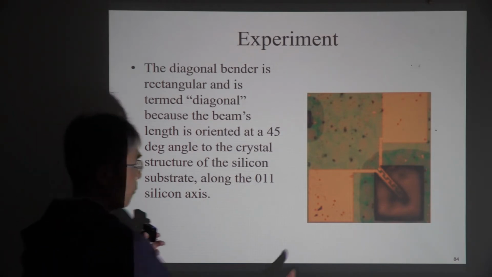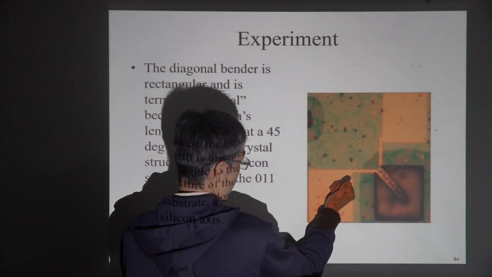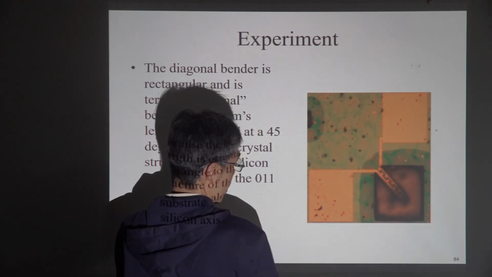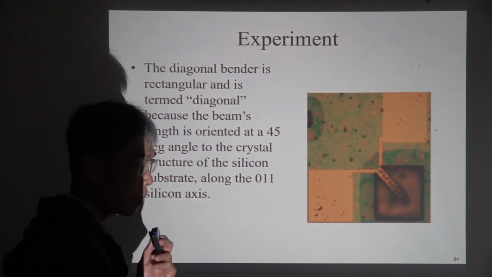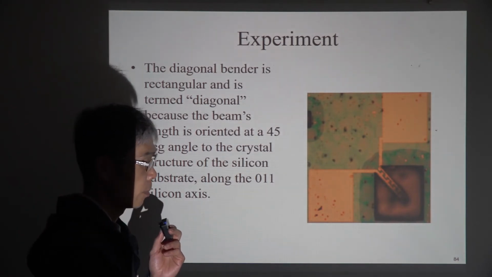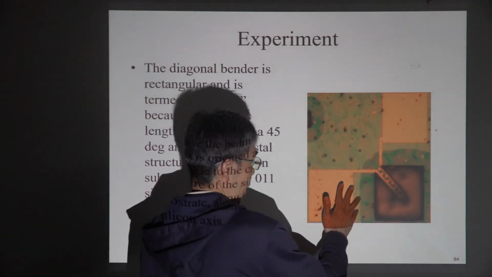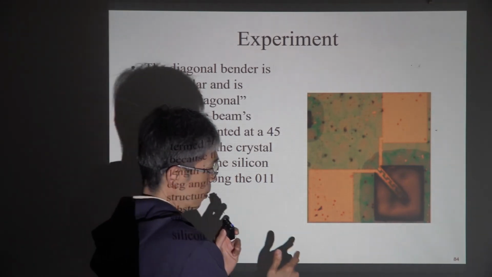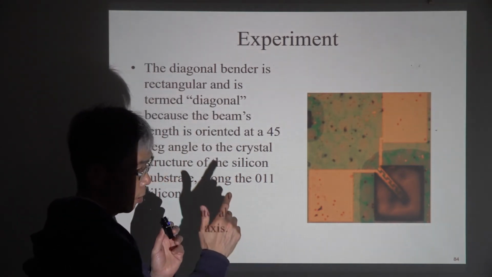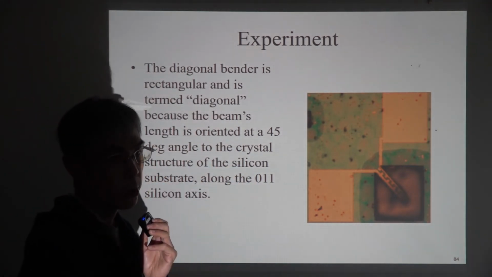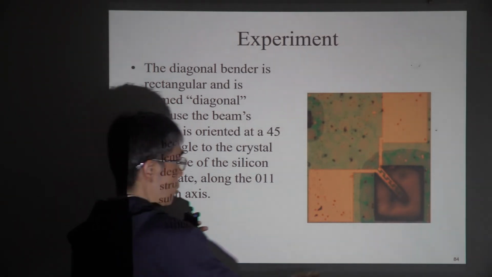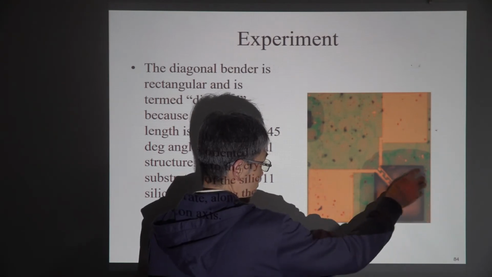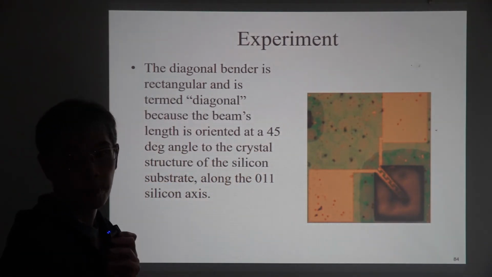The 100 wafer has its normal in the 100 direction. And during the etching process, the crystalline etching properties will create the edge along the 110 direction.